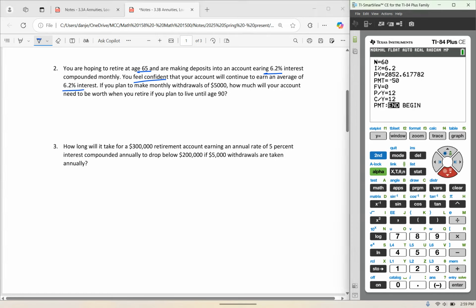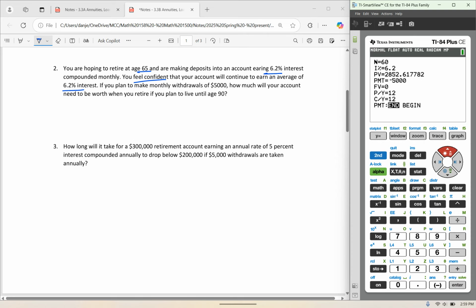If I plan on taking withdrawals of $5,000 a month, how much does my account need to be worth if I want to live to age 90? The implication is at age 90, I need my future value to be $0. Okay, so what would I need my account to be worth?